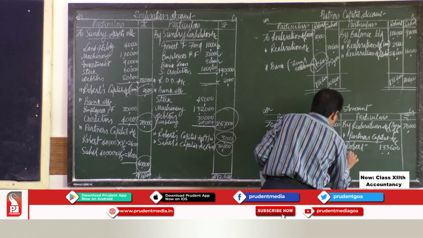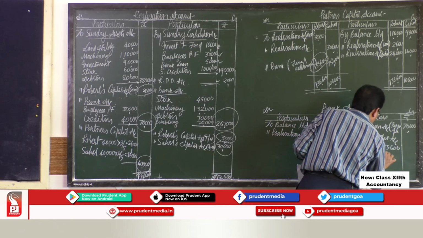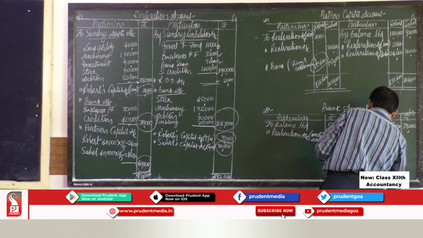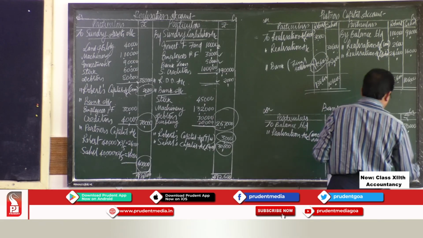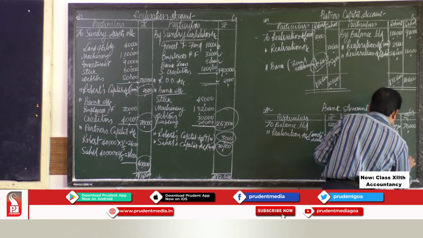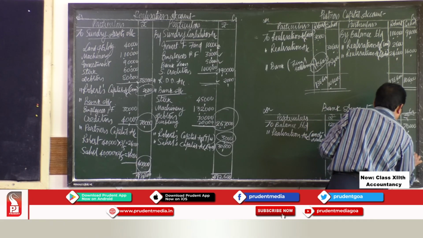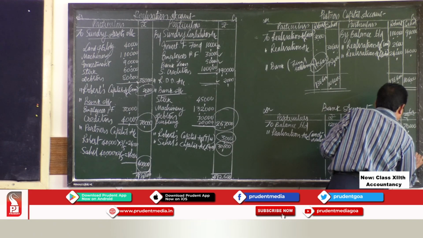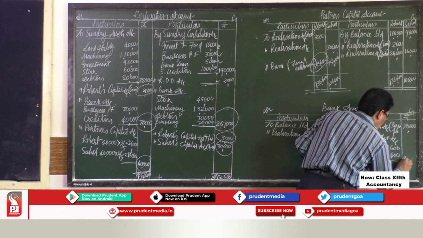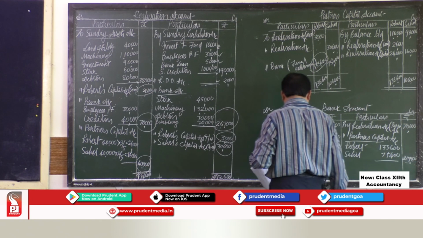Then you have to pay Sahil rupees 75,400. The total amount you have to pay to them is 2,09,000.